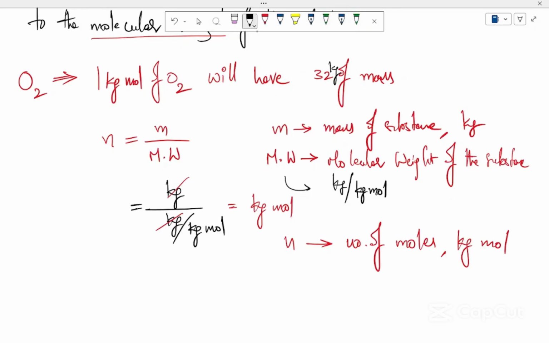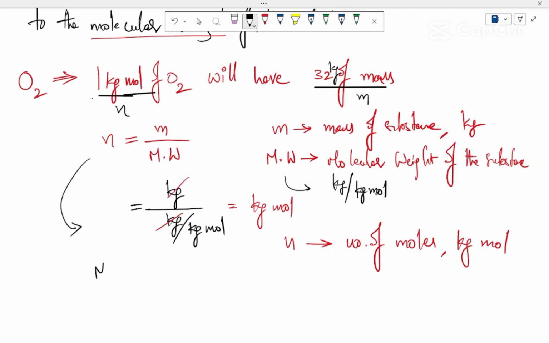So here if I look at this particular expression, this has N in it. So this kg mole is nothing but your N, and this 32 kg is nothing but your mass. Let me put this expression in a different form like this.